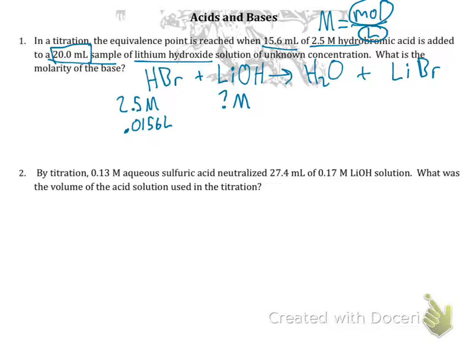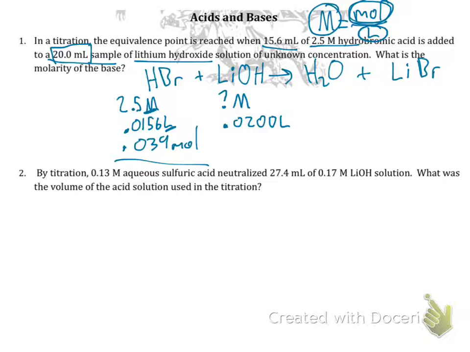Since we have the molarity and the liters of the hydrobromic acid, we can use the molarity equation to figure out the moles of the hydrobromic acid, which gives us 0.039 moles.